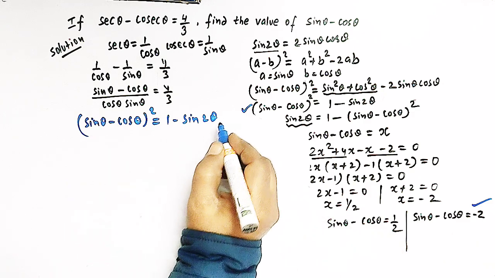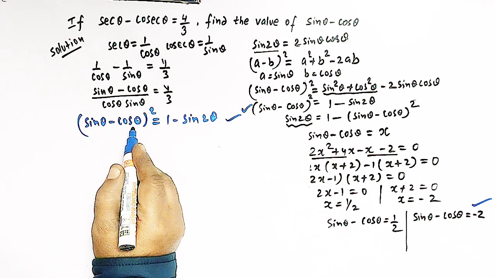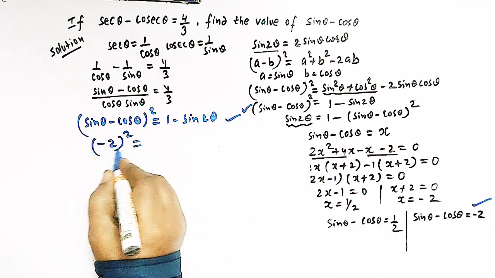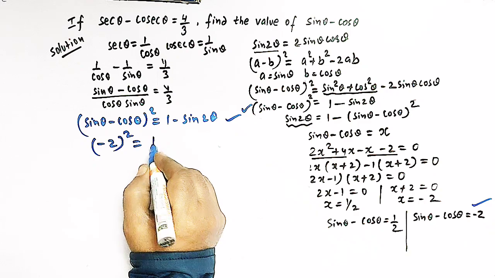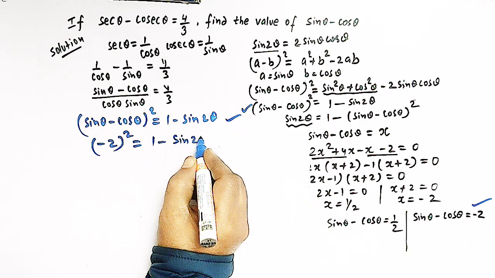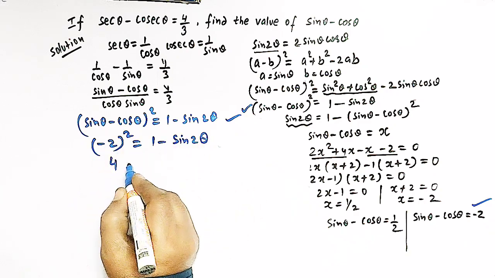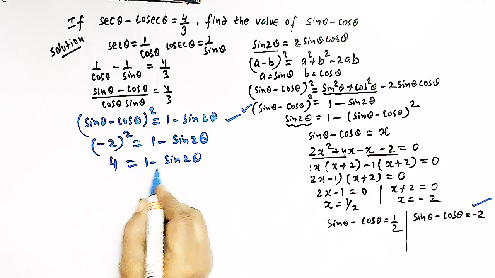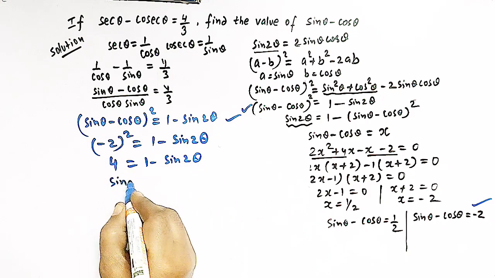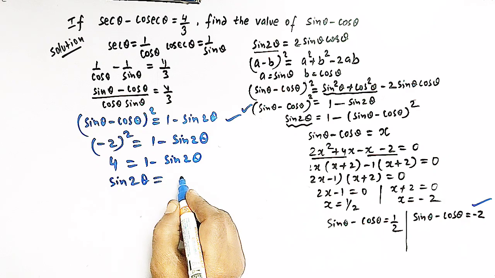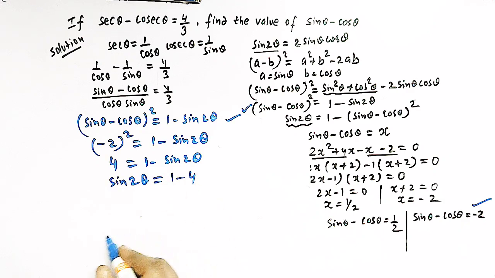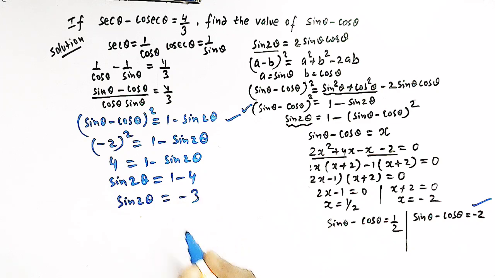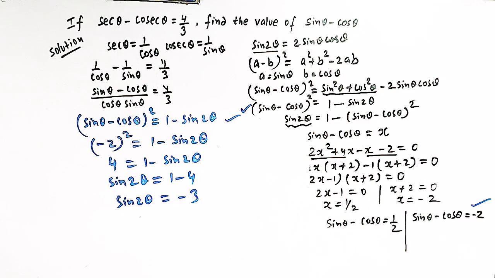So let us make use of this expression. Sine theta minus cos theta can be replaced by minus 2. So here we have (minus 2) squared is equal to 1 minus sine 2 theta. So this is 4 equals 1 minus sine 2 theta, and from here we can write sine 2 theta is equal to 1 minus 4, and that is sine 2 theta is equal to minus 3.